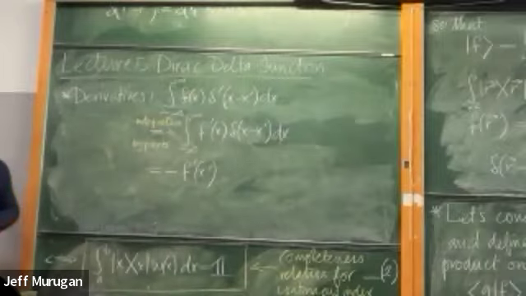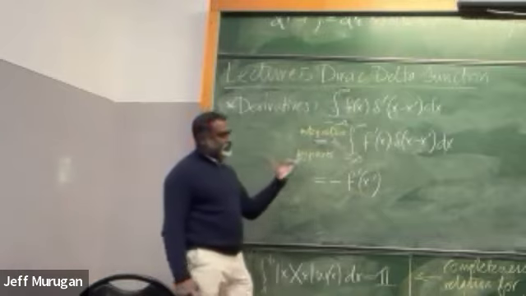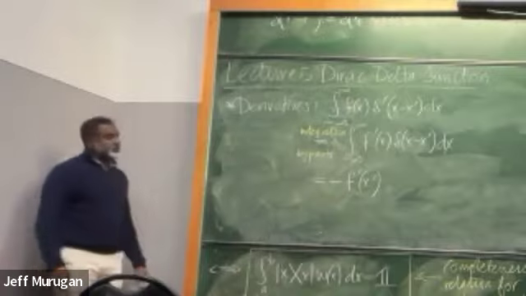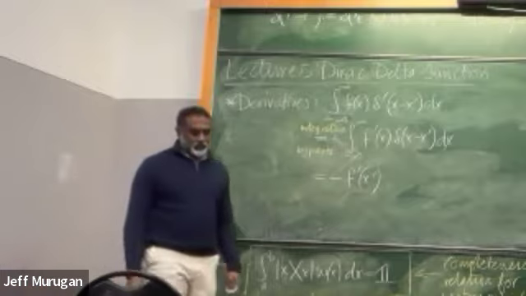That minus sign is precisely what makes the derivative of the delta function an odd function. And if you go back to what we learned about functions first year, if you take a derivative of an even function, then it's an odd function.